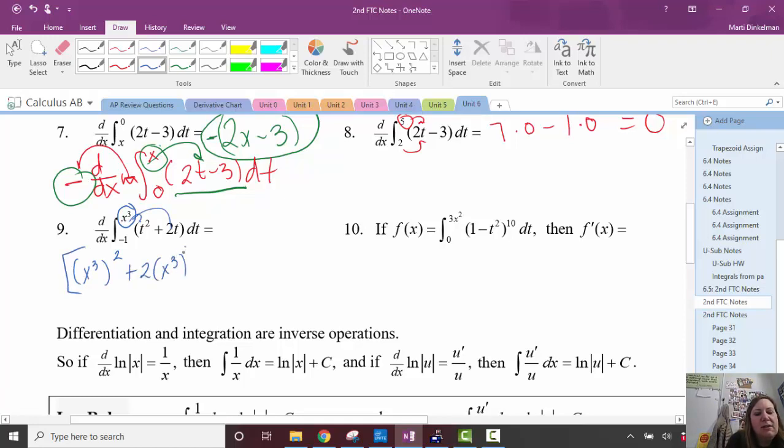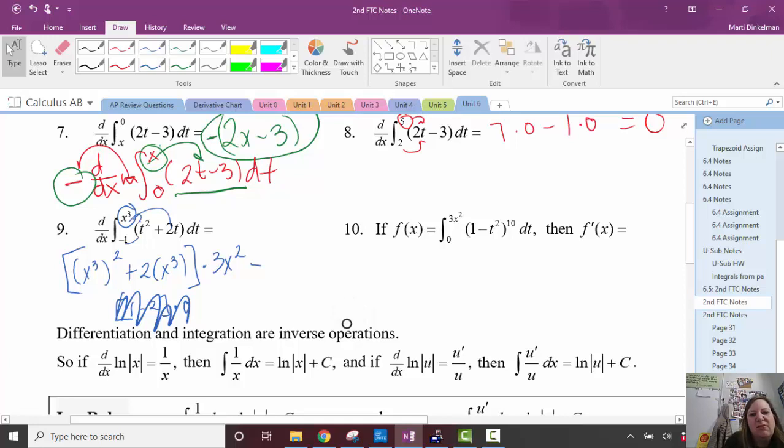And I actually stop at this point knowing what's going to happen. But if you want to do it just to help yourself remember, the next thing I would do is I'd plug in the negative 1. So that'd be a 1 minus 2, and then the derivative of negative 1 is 0. So that's why that's 0. Again, I tend to not put it because I know what's going to happen.